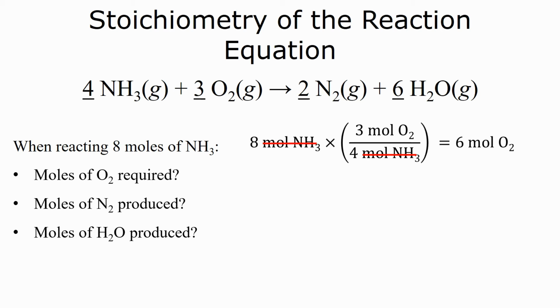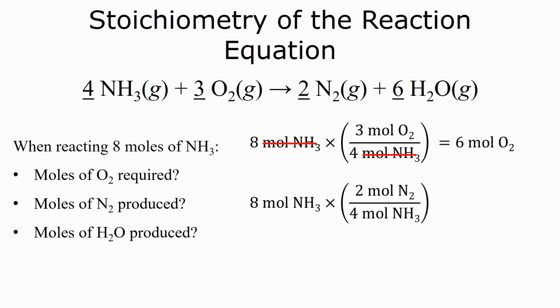And we do the exact same thing for nitrogen and water. We start with 8 moles of ammonia, multiply that times the 2 to 4 mole ratio of nitrogen to ammonia, and we get, as expected, 4 moles of nitrogen produced. And we can prove this with our dimensional analysis. The units cancel out, leaving us moles of nitrogen.